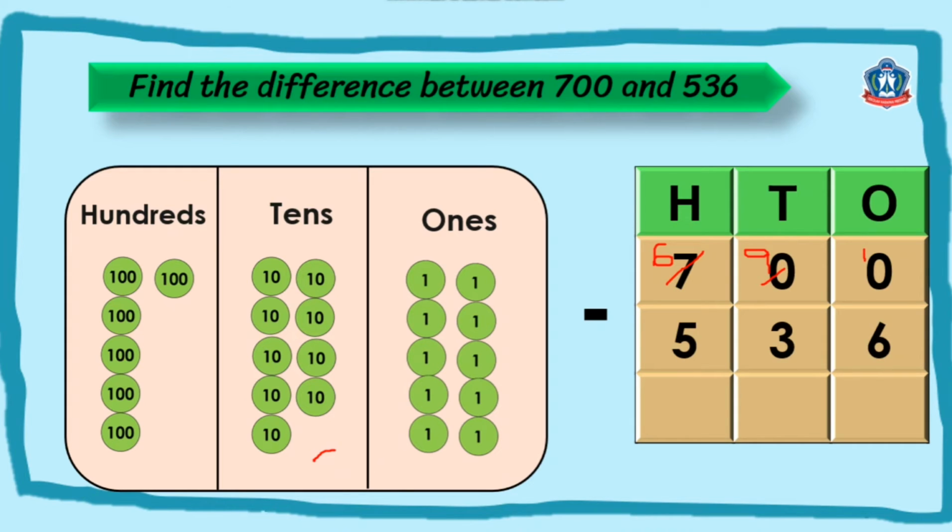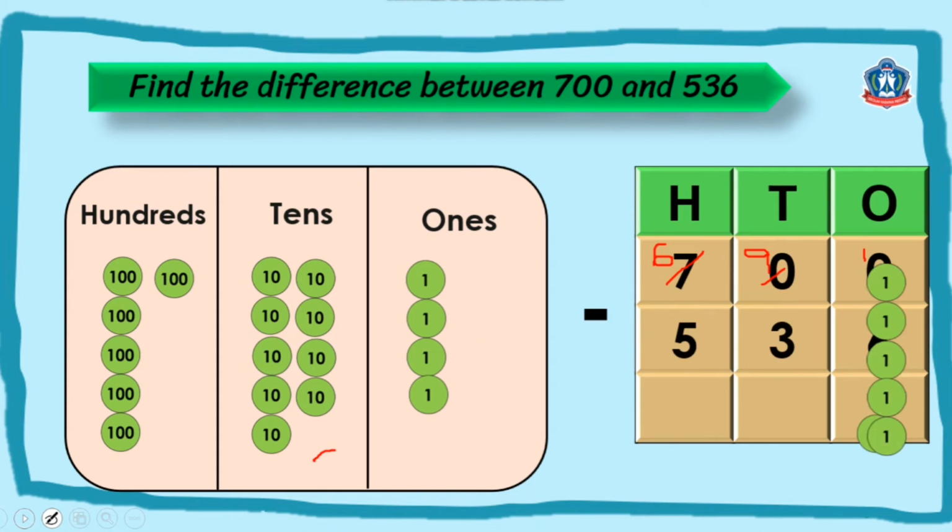Now we can subtract 6 from 10, right? So we take 6. How many left? 4. Yes. Next, 9 tens. So we have 9 tens minus 3 tens. We take out 3. How many left? 6 tens. Next, we have 600 and we take 500.